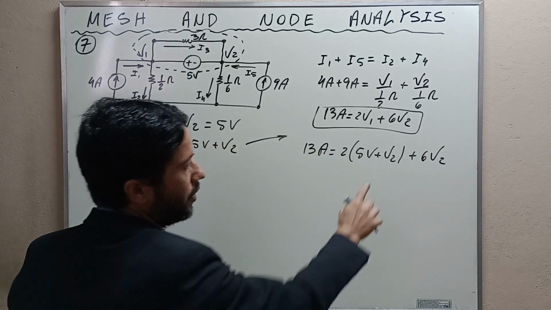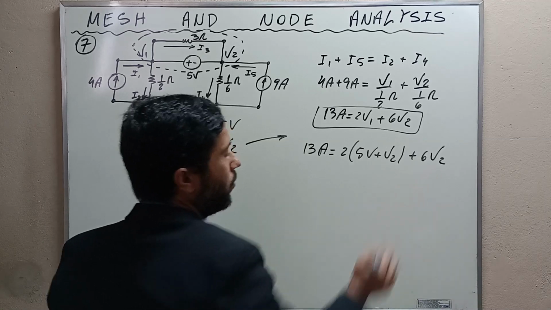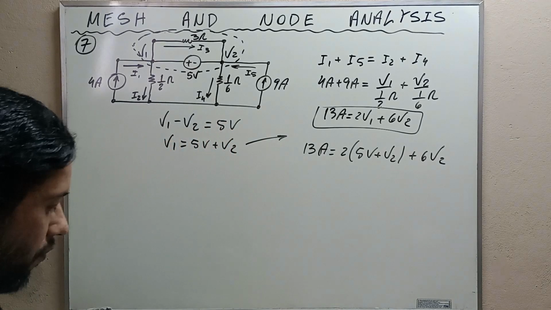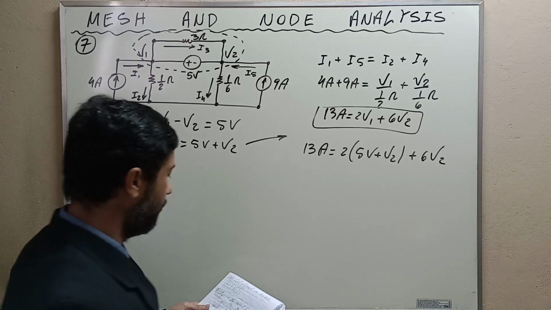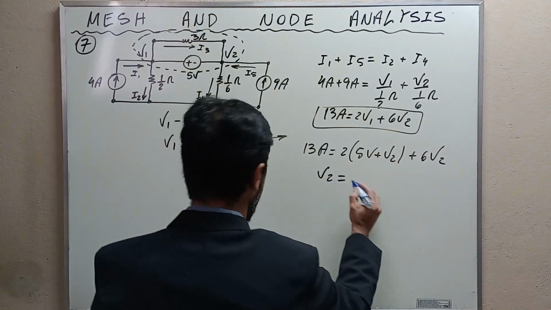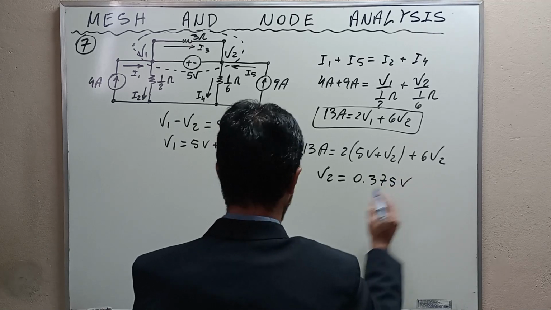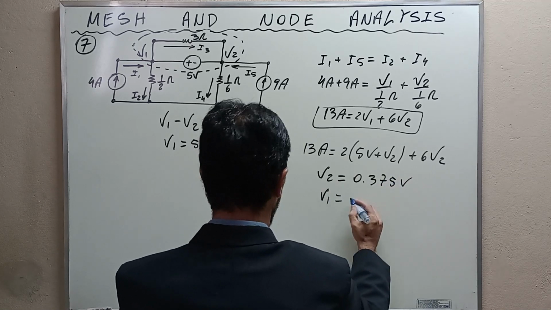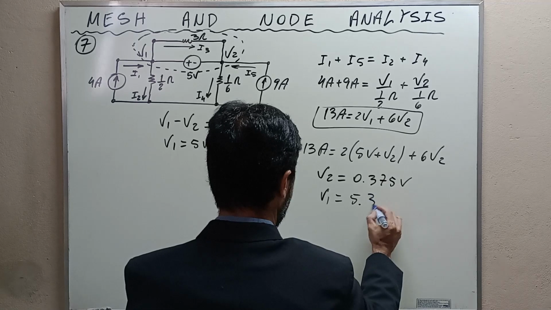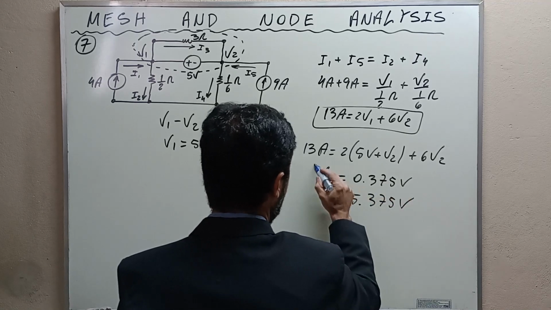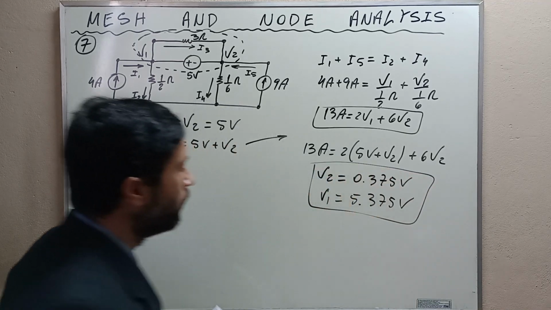And we have here one equation with only one variable. It is solvable. We can solve it for V2, and V2 is equal to 0.375 volts, and V1 is equal to 5.375 volts. Okay, my friends?